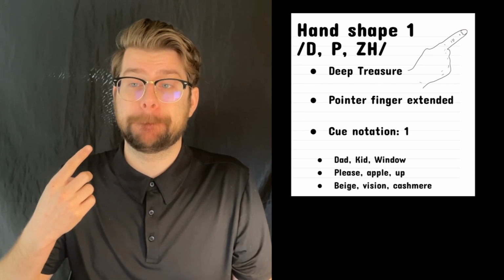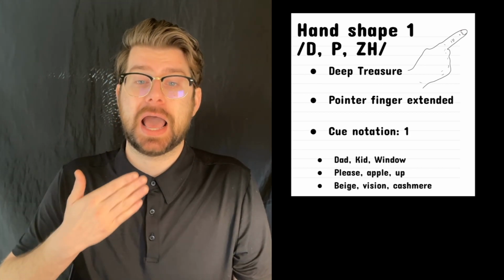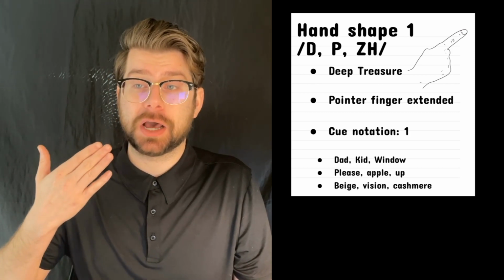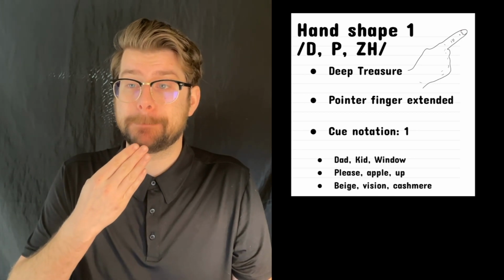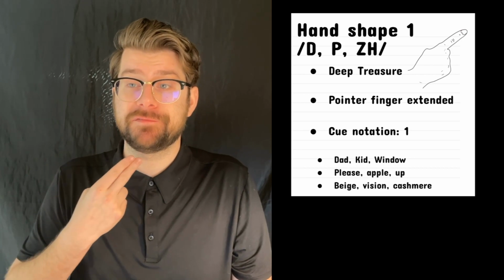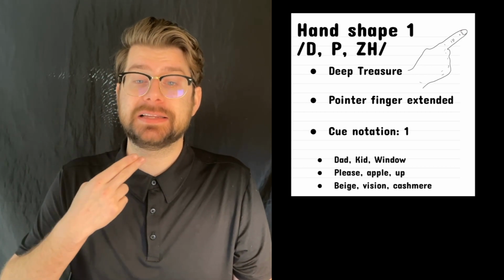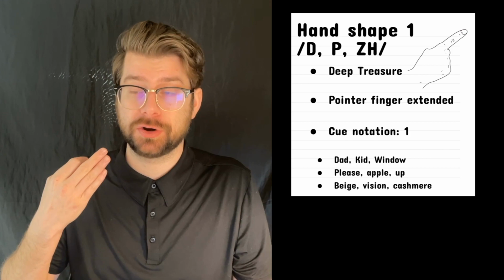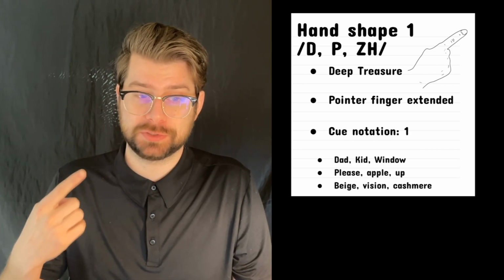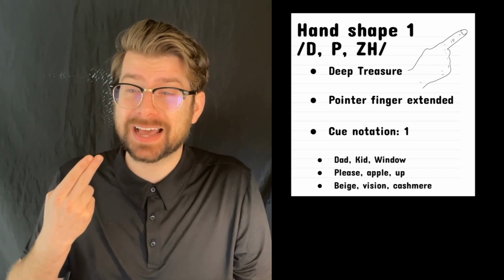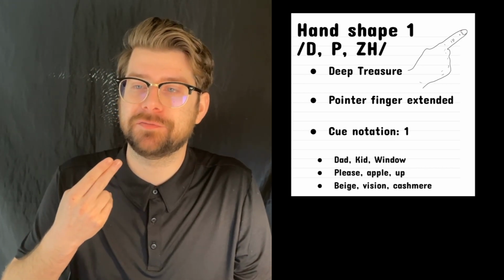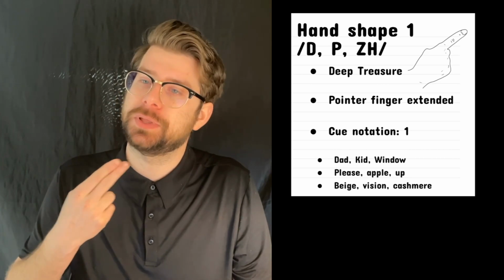Then we have please, apple, and up for the p sound. And then we have beige, vision, and cashmere for the zh sound, which is hard to recognize, at least for me, so we will have a ton of practice with that sound.